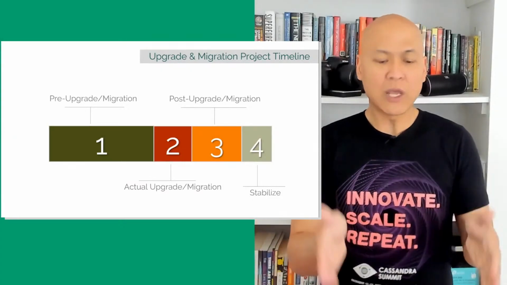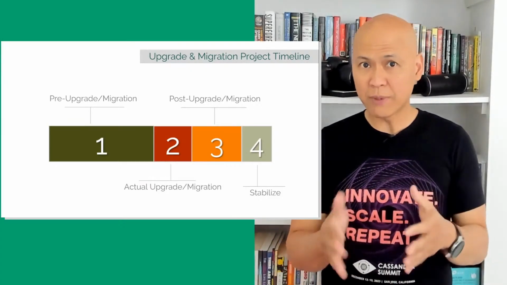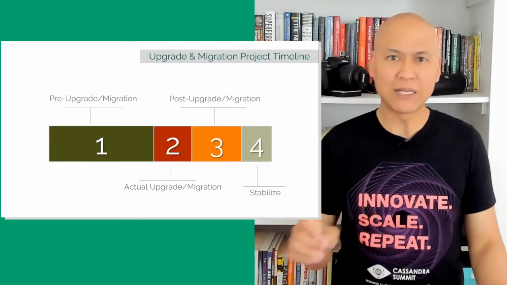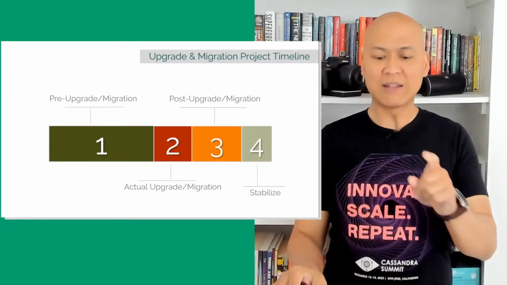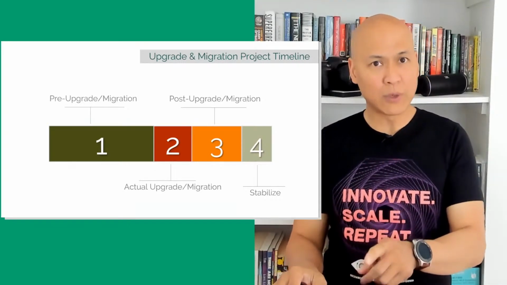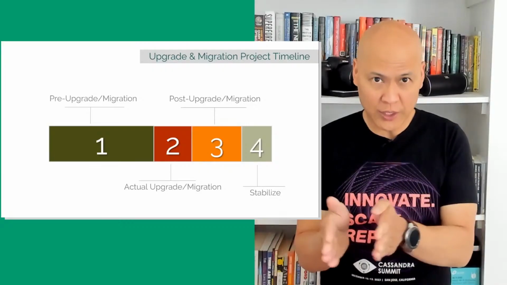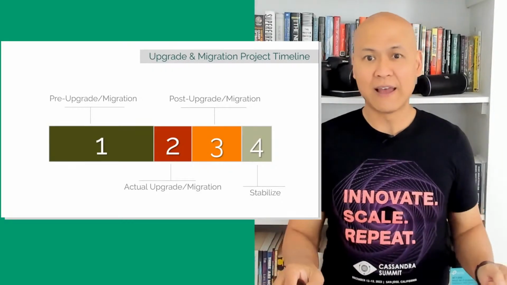But again, the pre-upgrade and pre-migration phase is what I spend most of my time on, because I want to make sure that the actual upgrade and migration, phase number 2, and phase number 3 should be as short, as fast as possible.